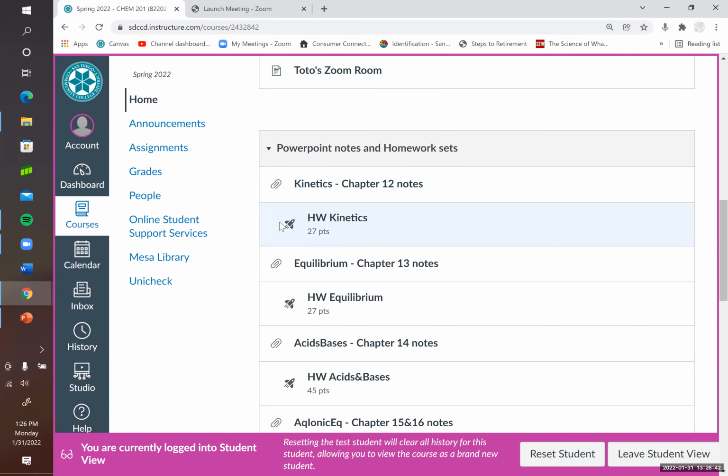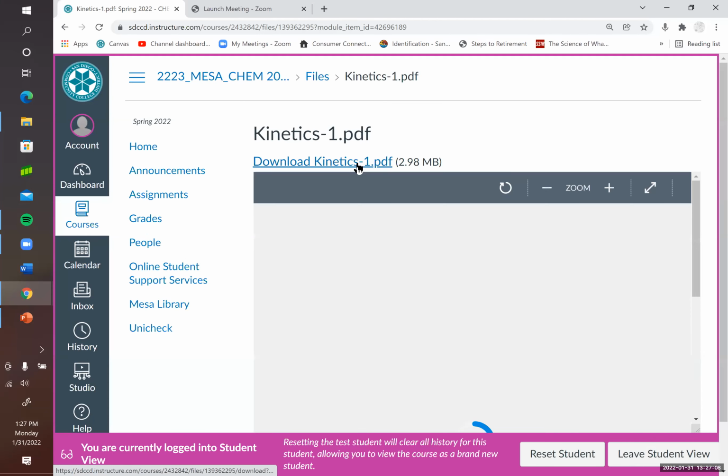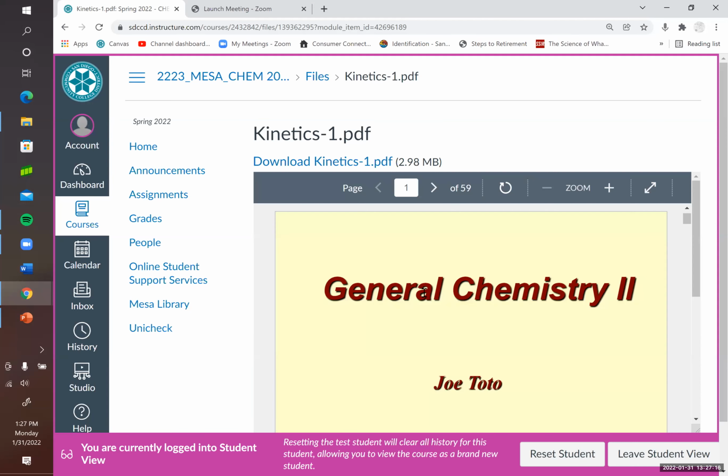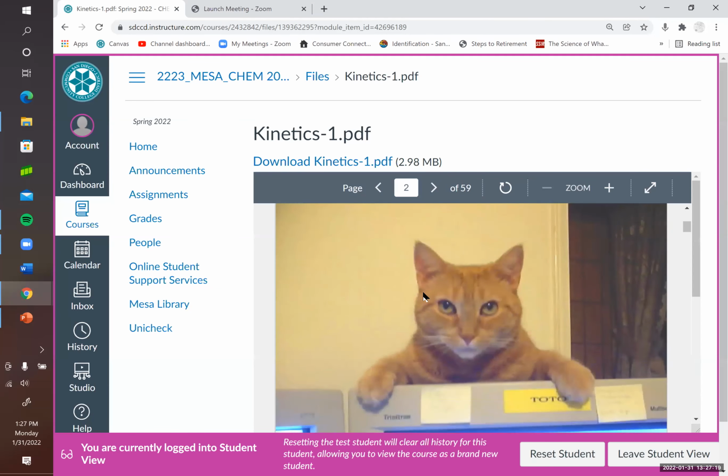All right, so if there's no questions, let's see. It's 1:26. This class goes to about 2:10 or so. So I just want to go over some of the introductory material in kinetics. To follow these notes, you would go to these PDF files in your Canvas, and you can download them and so forth.